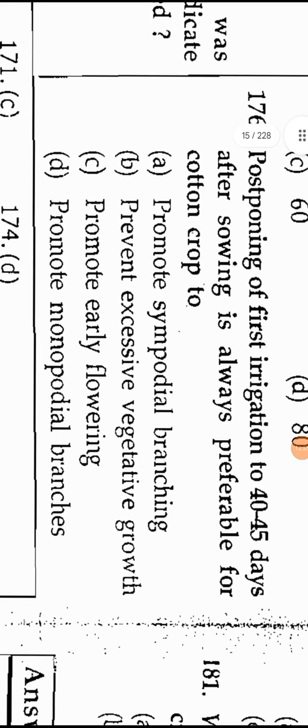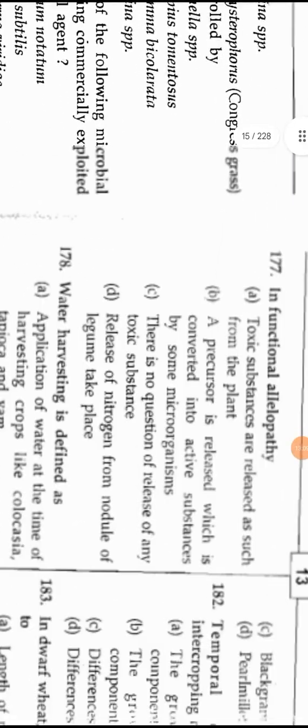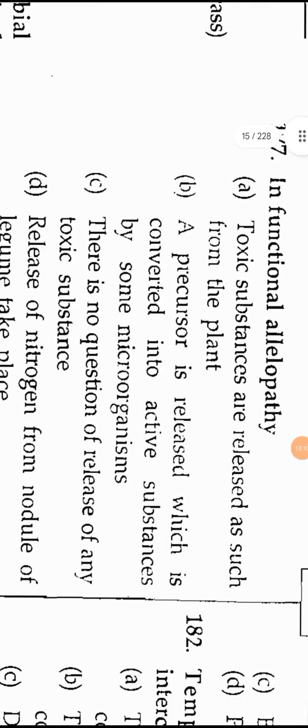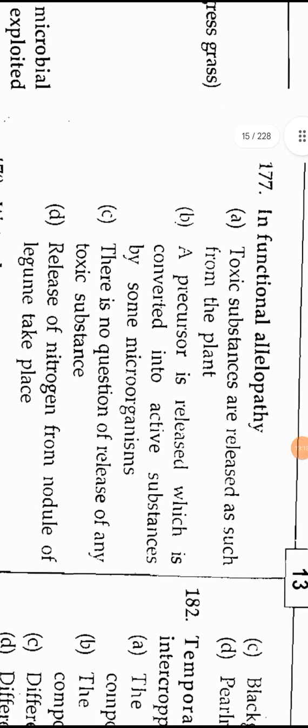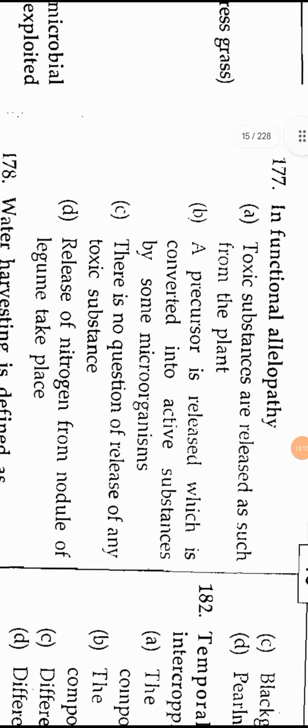Postponing the first irrigation to 40 to 45 days after sowing is always preferable for cotton crops to prevent excessive vegetative growth. Now question number 177. In functional allelopathy, what's that?